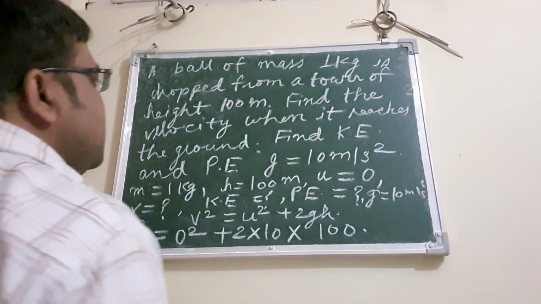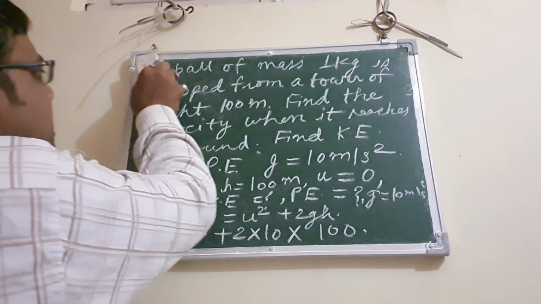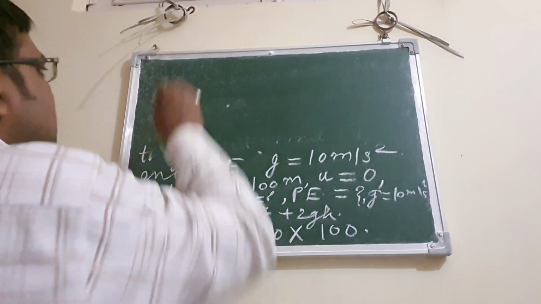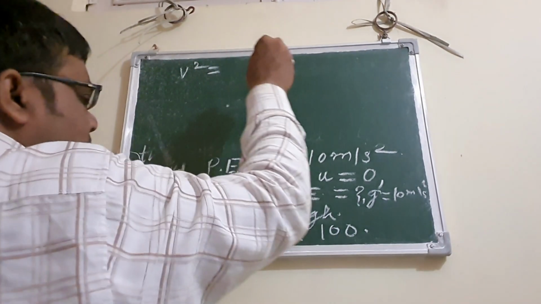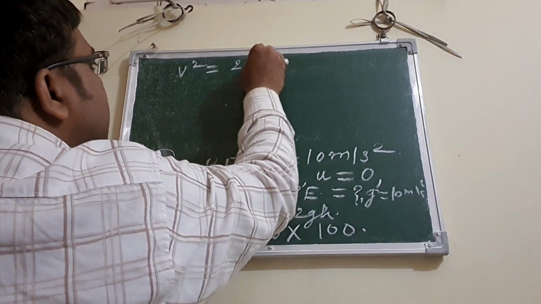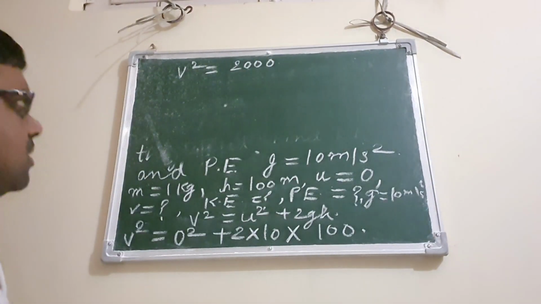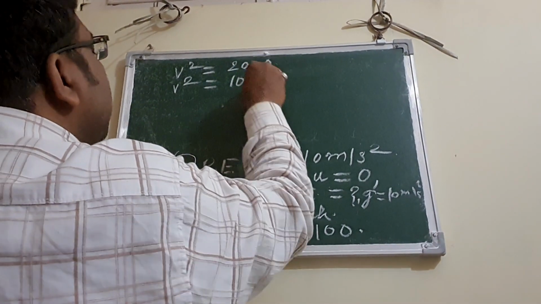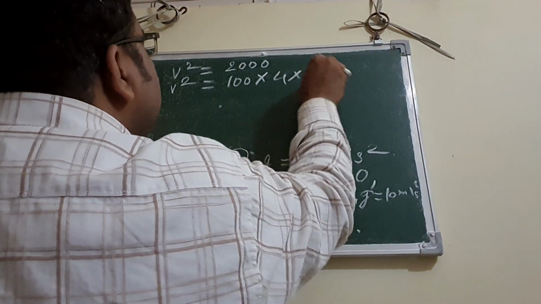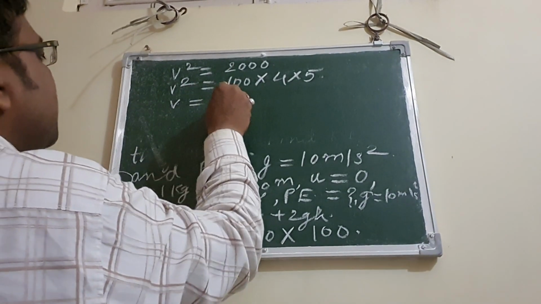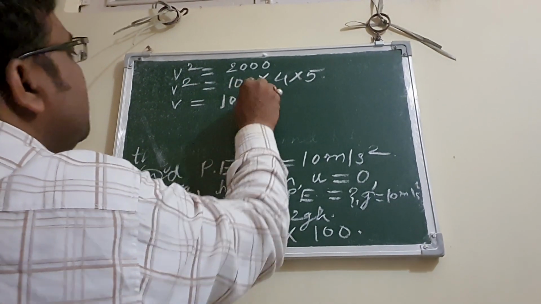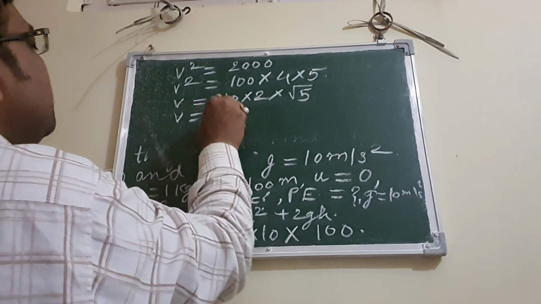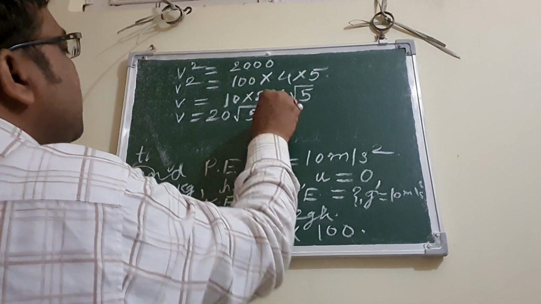So velocity square is equal to 2000. It can be written as 100 into 4 into 5. Taking the root, it becomes 10 into 2 into root 5, so it will be 20 root 5 meter per second.